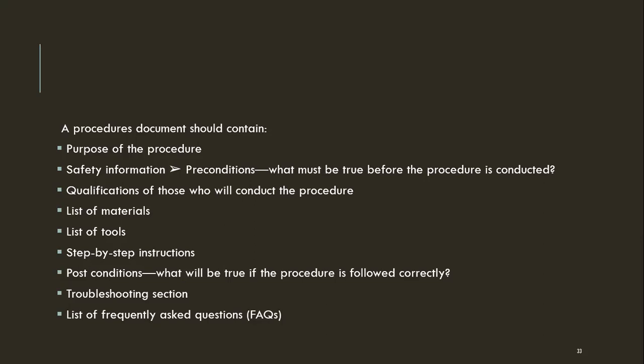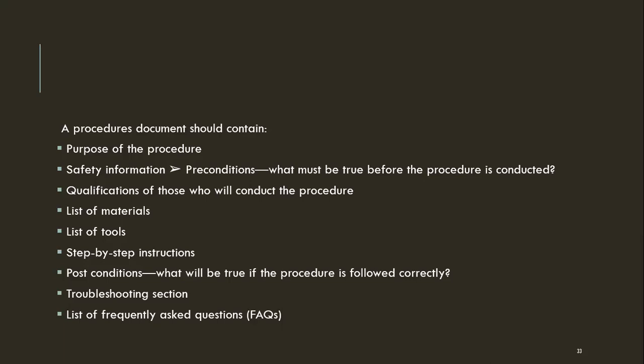Now, let's say it's a rubber manufacturing machine for which you are giving the procedure document, then you will have to specify in the procedure document that a properly qualified gloves manufacturer or a latex engineer or a rubber engineer will only be given access to conduct the procedure.